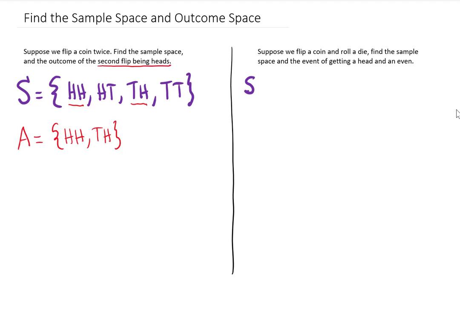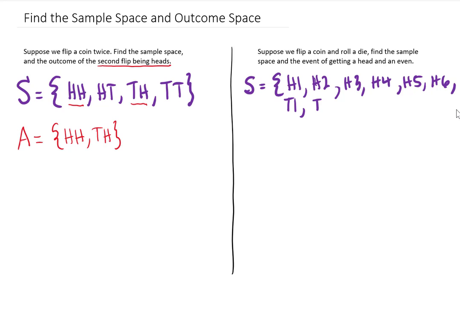The sample space this time involves the event of flipping a coin and rolling a die. So the coin could be either a head or a tail, and the die could be any number 1 through 6. To represent our sample space this time, we're going to need H1, H2, H3, H4, H5, H6, and T1, T2, T3, T4, T5, and T6, right?